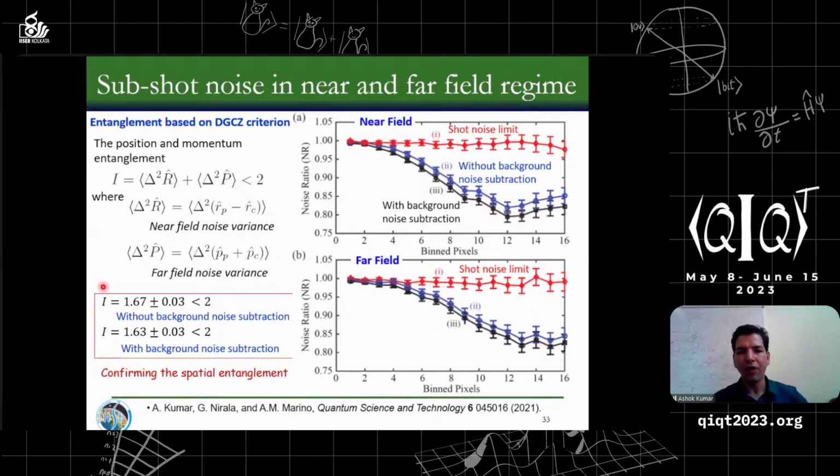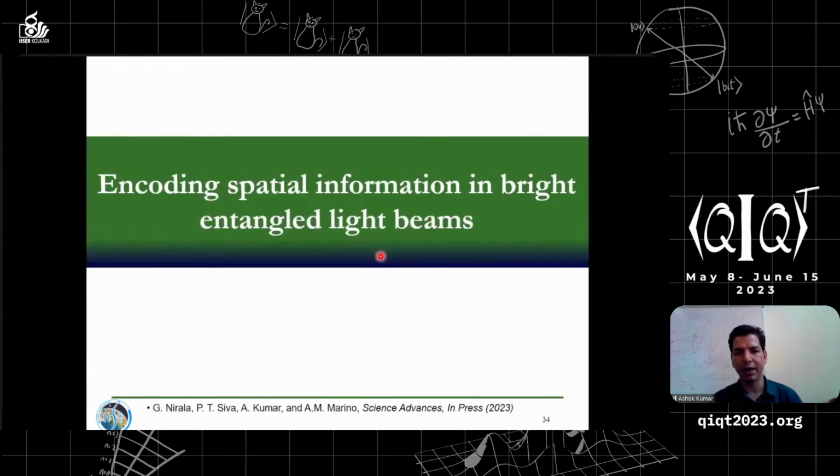According to the Duan criteria, for satisfying entanglement, your inseparability parameter has to be less than 2, and we got 0.67 or 0.63. That proves that indeed these beams can show the EPR paradox or spatial entanglement.